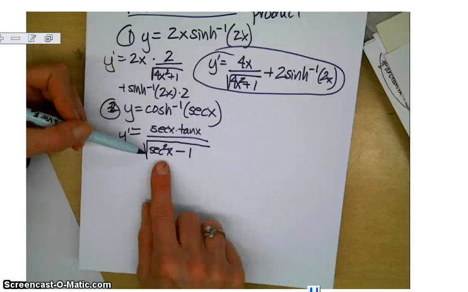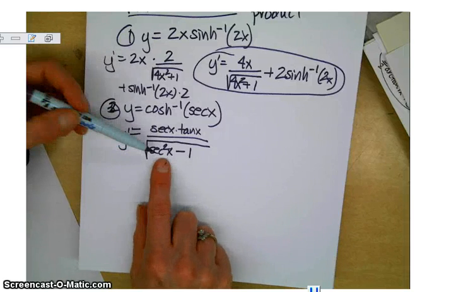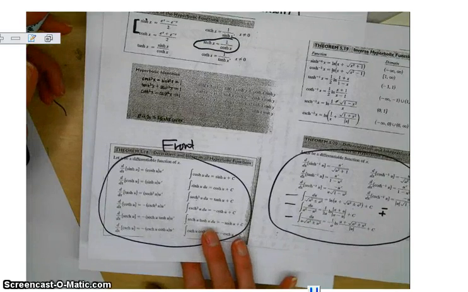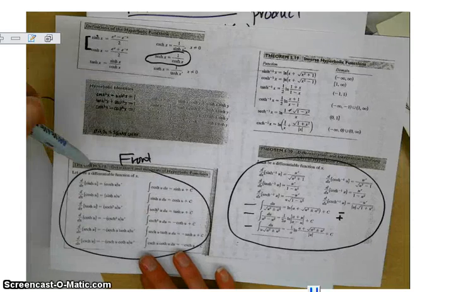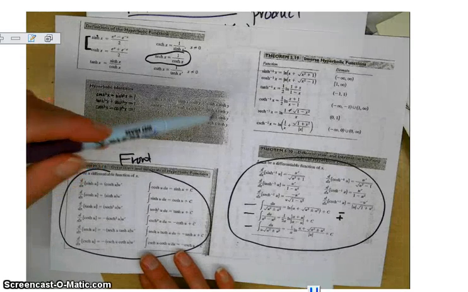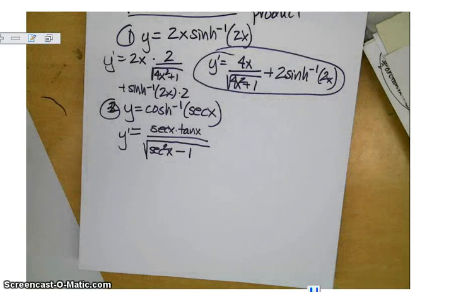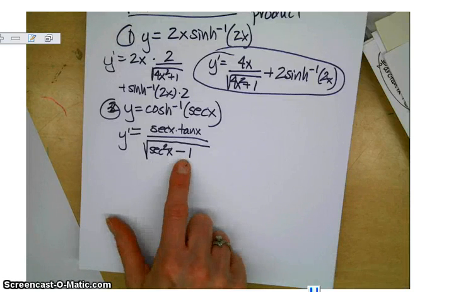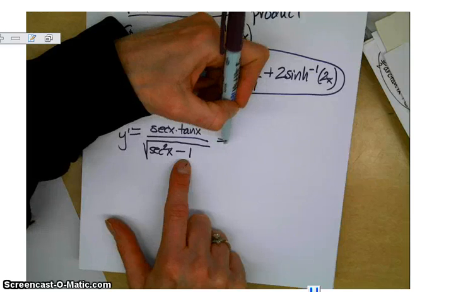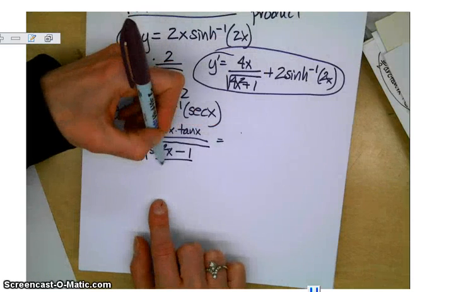Now, is this identity, the secant squared x minus 1, on here? No. Maybe. Does this have anything with regular trig functions here? No, these are not regular trig functions. These are hyperbolic functions. So for the regular trig functions, you might have to look at your identity sheet. Secant squared x minus 1, who knows what that's equal to? That is equal to tangent squared x.